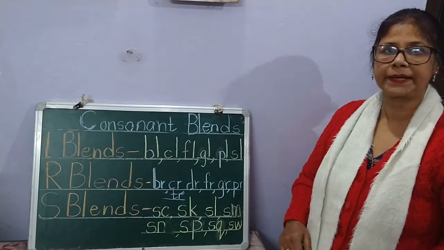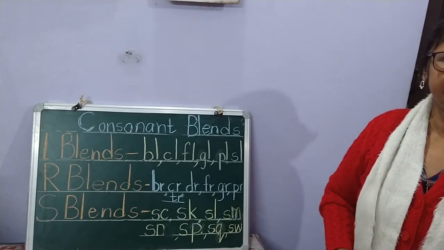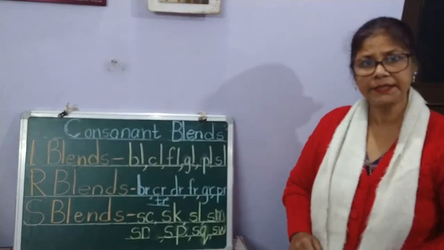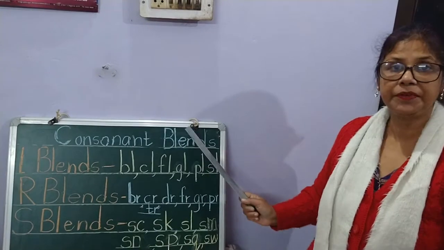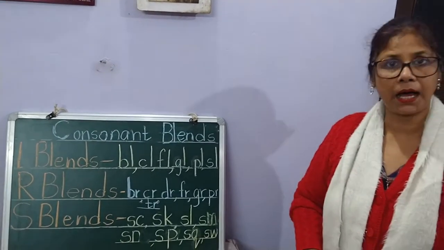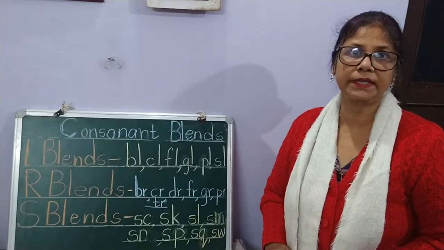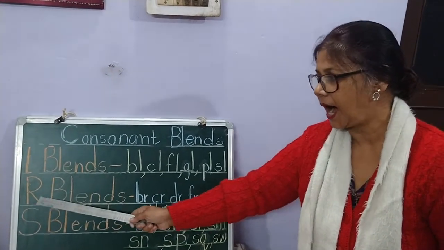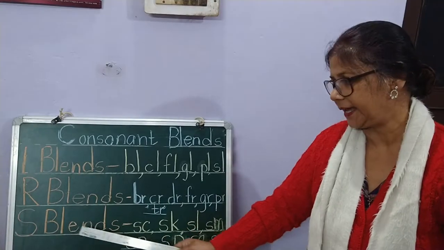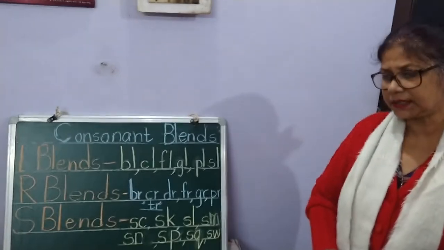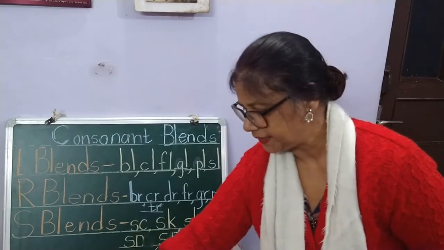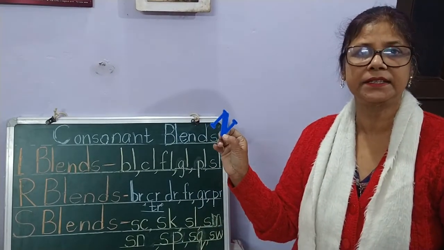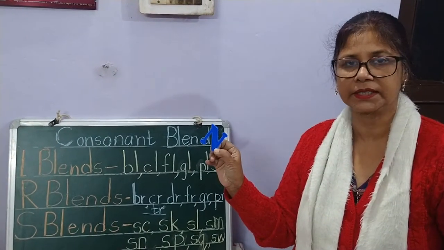So now let us summarize. Today we have learned about consonant blends, and we have learned that there are three types of consonant blends: L blends, R blends and S blends. Other consonants, like if I take N, don't blend with other consonants.